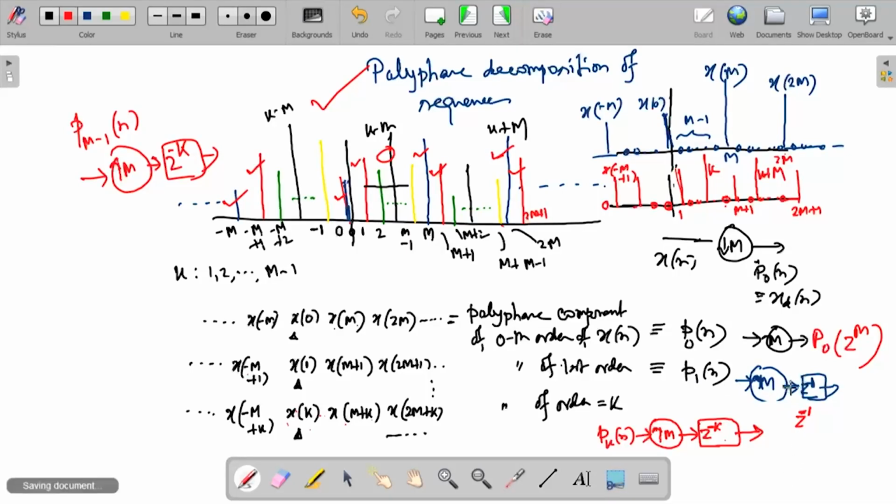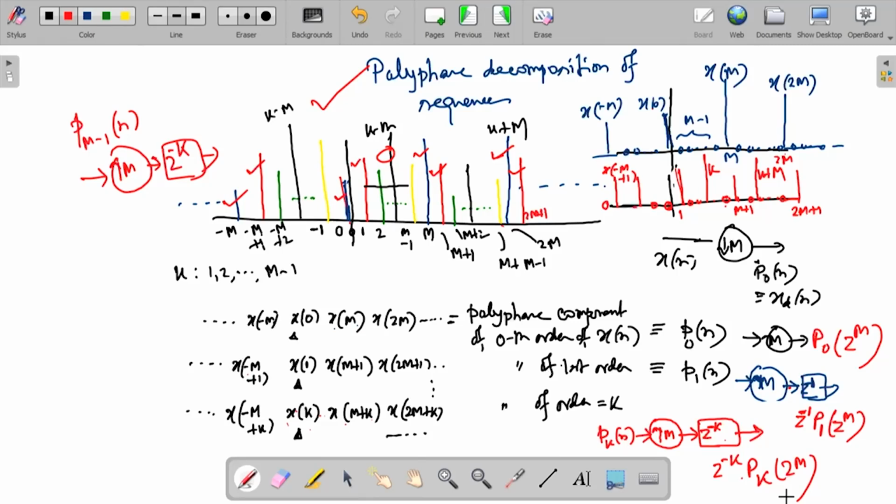Z transform here, that is P 1 Z to the power m. Here what will be? Z inverse k times original P k Z to the power m. Okay. That means what will x z be? In z domain x z, x n sequence is a summation of them, right? Summation of them.